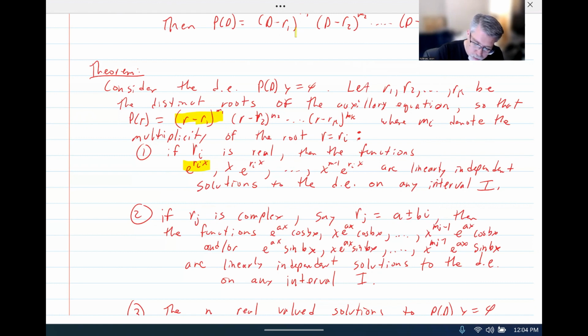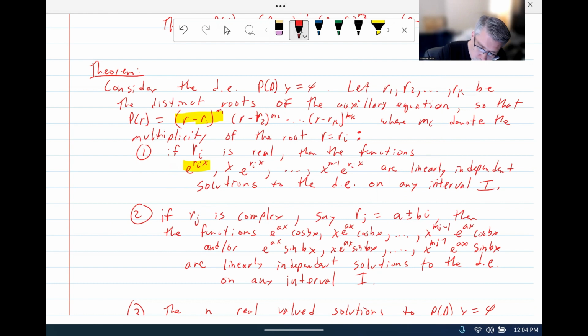the idea here is that if I have x to the 1 minus 1, okay, and x to the 2 minus 1, then if the multiplicity is 1, that becomes x to the 0 power.